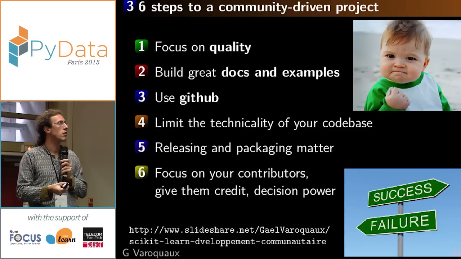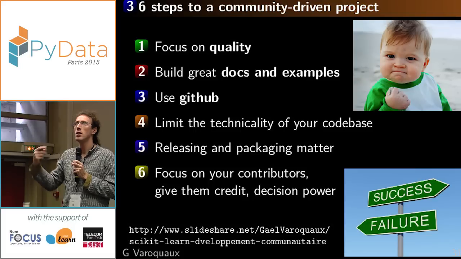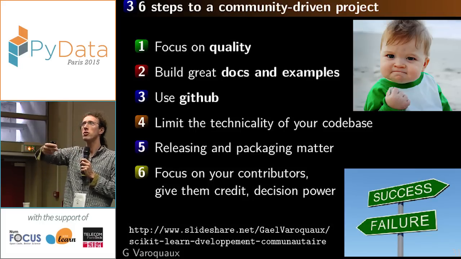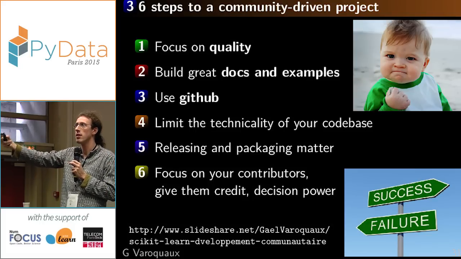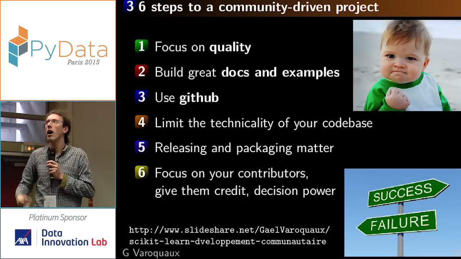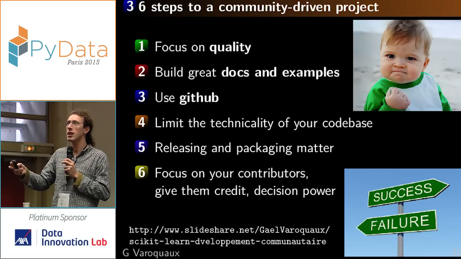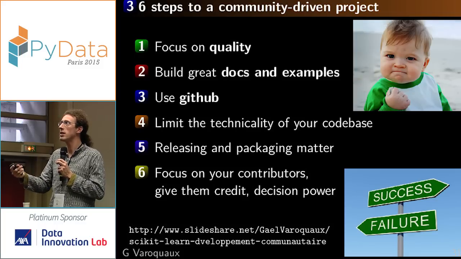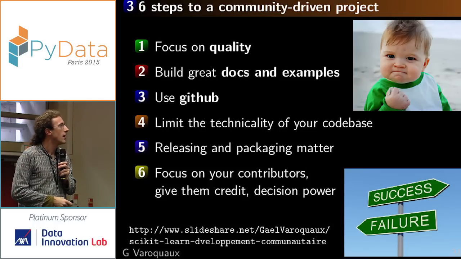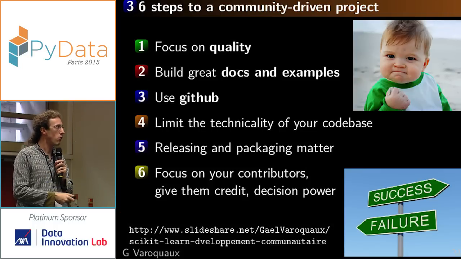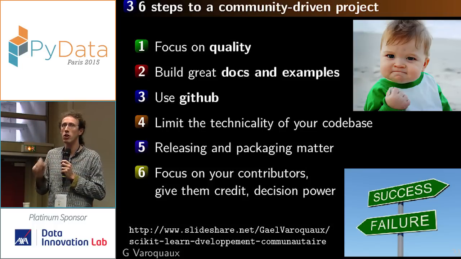It's important to build great docs and examples, because people feel that when they contribute to your project, they're getting more visibility than when they're leaving their code alone somewhere. I claim it's important to use GitHub because it's the place where all the geeks are, and that's where you want to be. This one is important: it's important to limit the technicality of your code base.